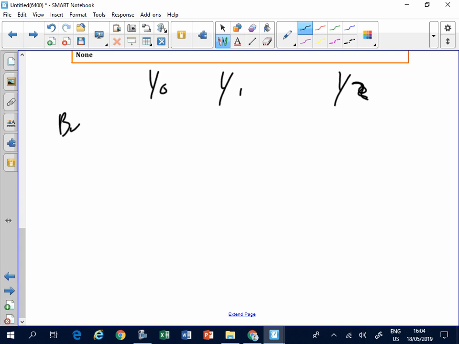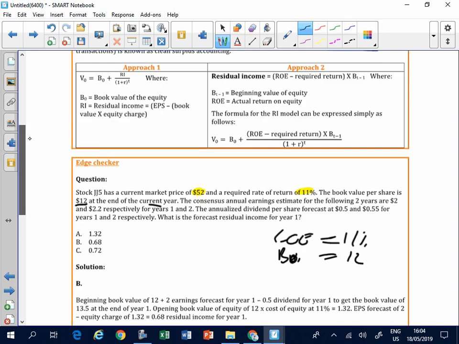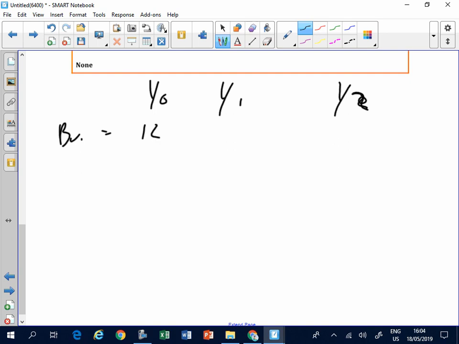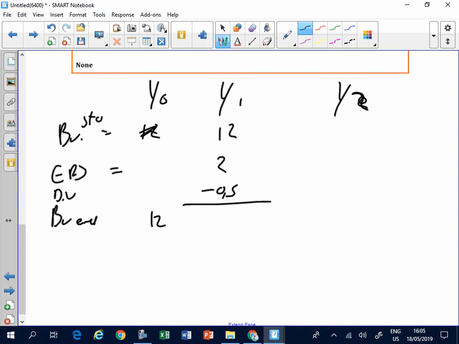So book value is equal to, we said, 12. Let's just call this book value end, book value start, and this is dividend. So this is 12, carried over 12. EPS was 2, dividend was 0.5. Then we have book value, so that's going to be 13.5.